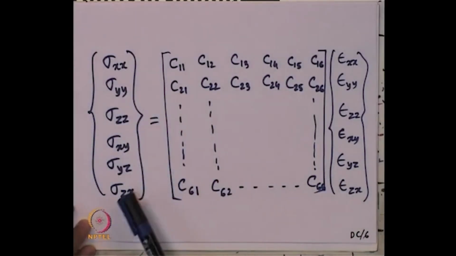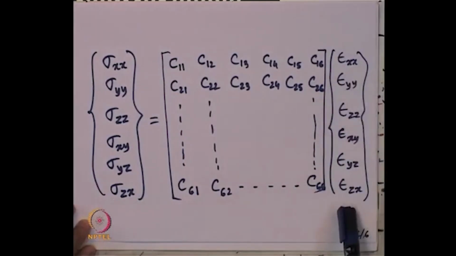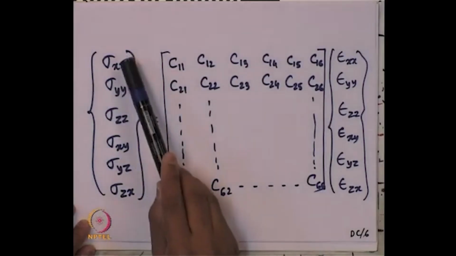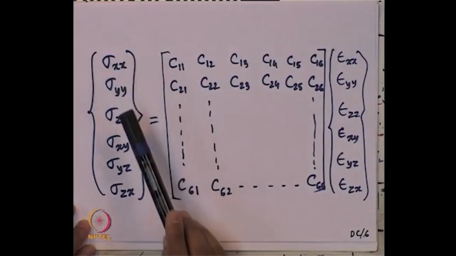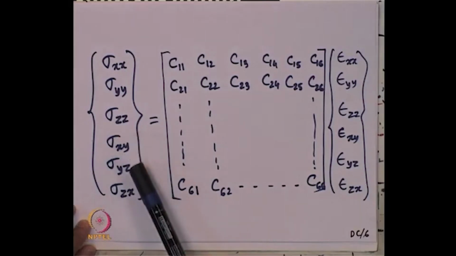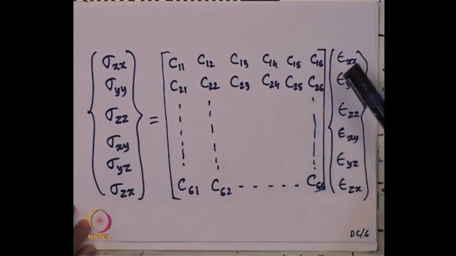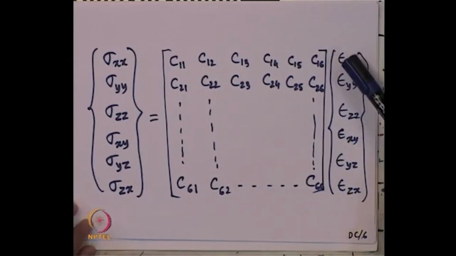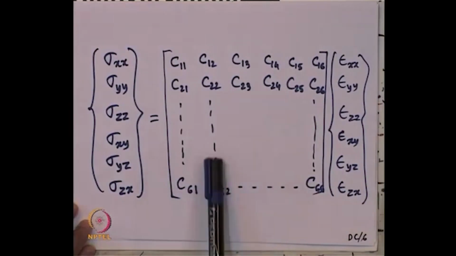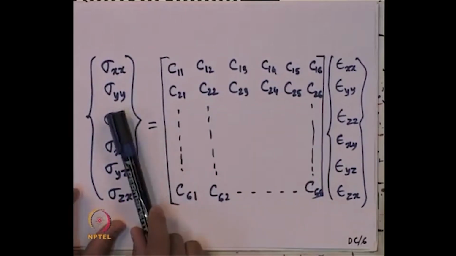When we combine and write all the stress vectors and strain vectors through the modulus matrix, the shape takes this form: 3 normal stresses sigma xx, sigma yy and sigma zz, and 3 shear stresses sigma xy, sigma yz and sigma zx are related to the corresponding strains, which are epsilon xx, epsilon yy, epsilon zz as normal strains, and epsilon xy, epsilon yz and epsilon zx as shear strains.